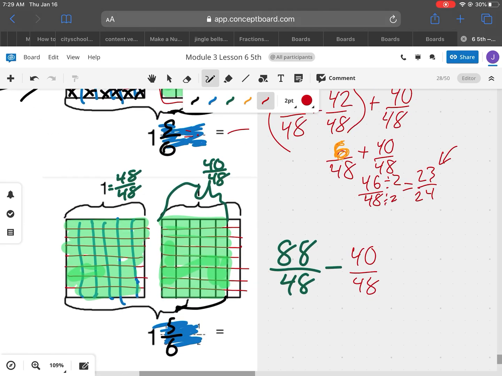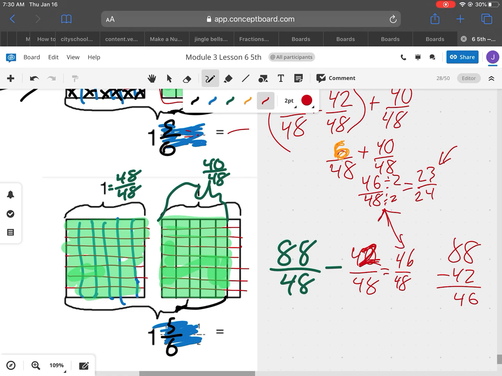Oh, I'm going to subtract my 42 48ths, excuse me. I was close. I was looking at the wrong number. I'm still subtracting 42 48ths. So this should be a 2. And then we know 88 minus 42, you get 46. All right, so it should be 46 48ths, which is the same thing as up here.